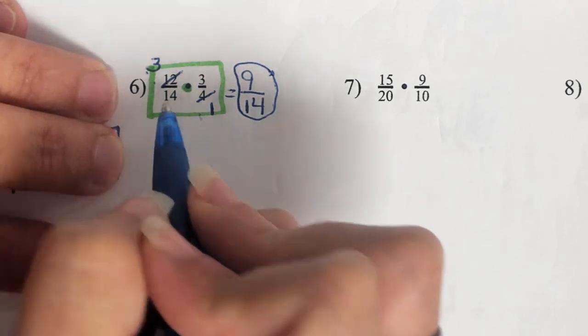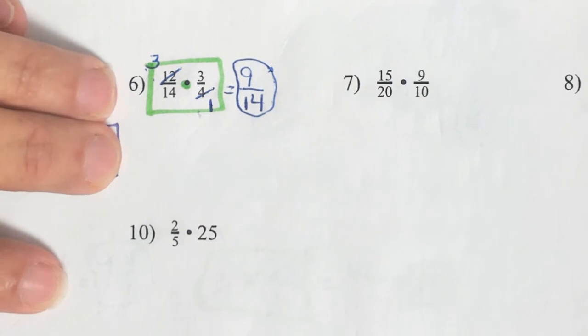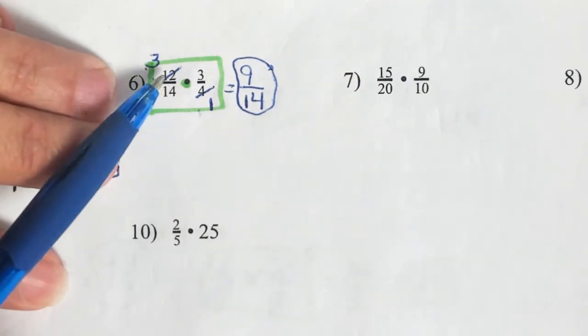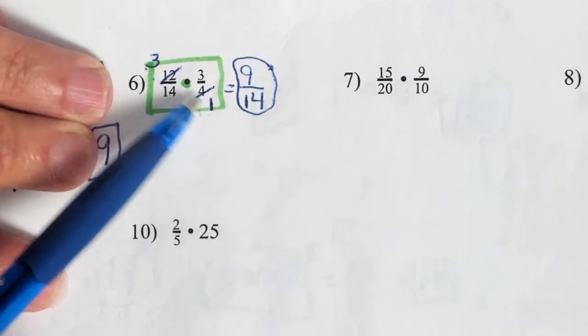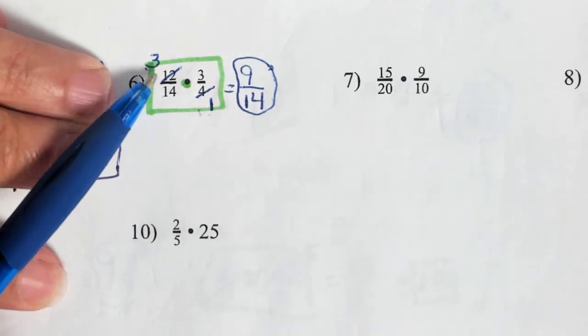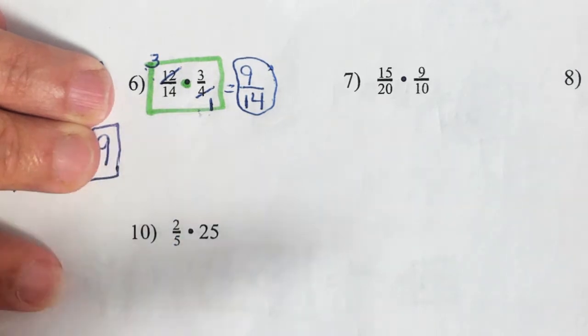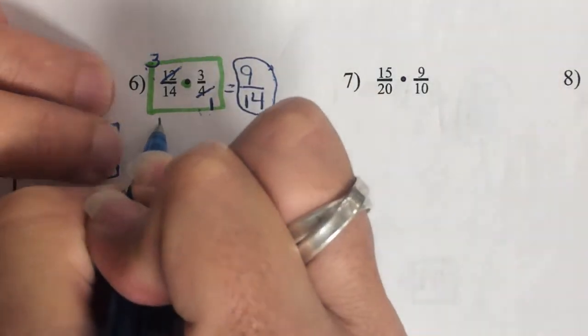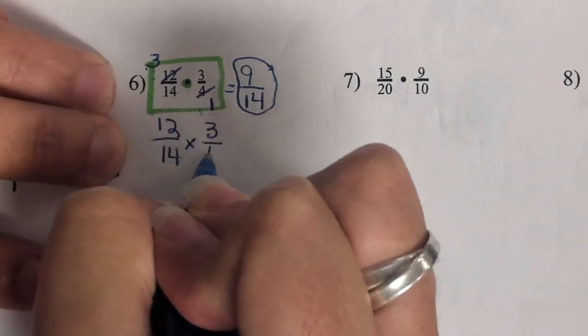You can only, and listen, this has been the trick. Like this happened in last class too. You can only do tops and bottoms, but you can't do like 3 at a time. So if you do this top and this bottom, I see what you did. You did this. You had 12/14 times 3/4.